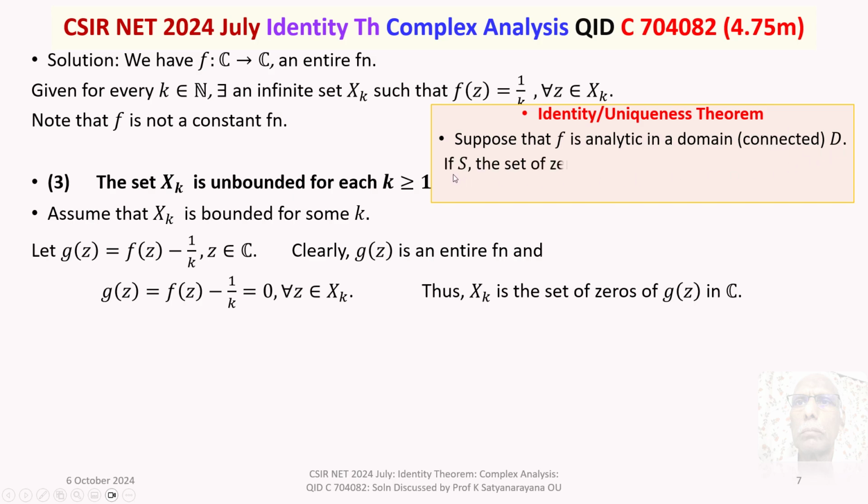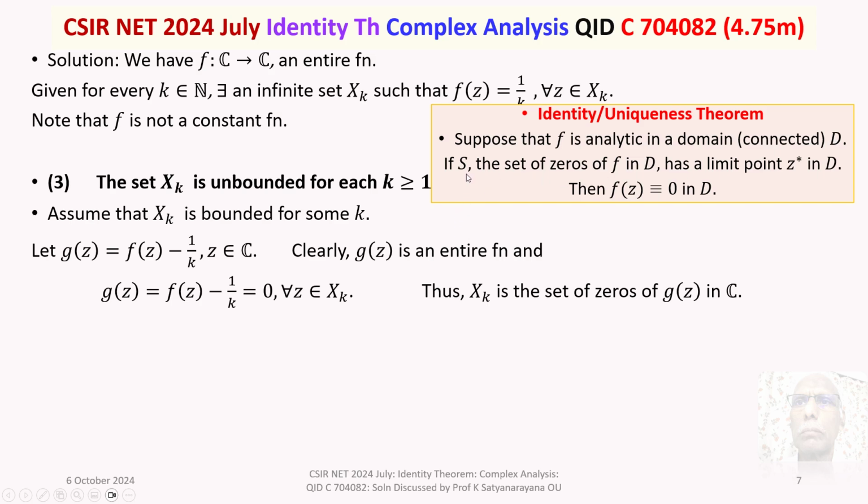And if S, the set of zeros of f in D, has a limit point z star in D, then f of z is identically equal to 0 in D. So now the story has come here. G of z is an entire function, therefore g of z is an analytic function, right? In the whole of the complex plane. D is the whole of the complex plane.